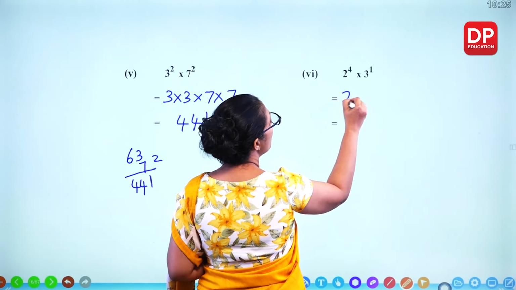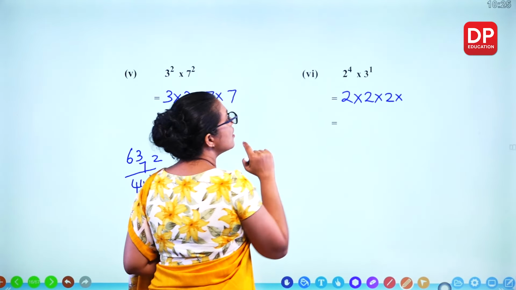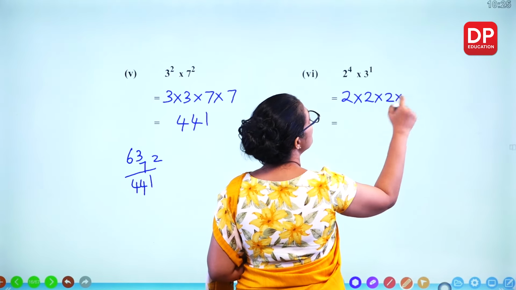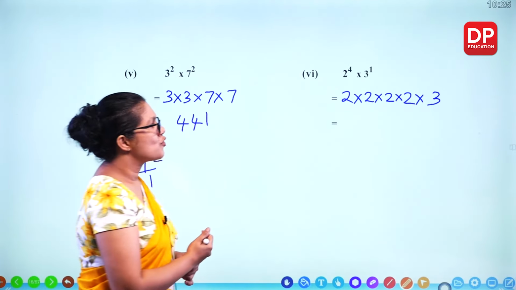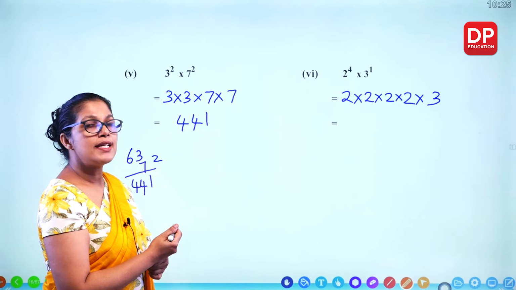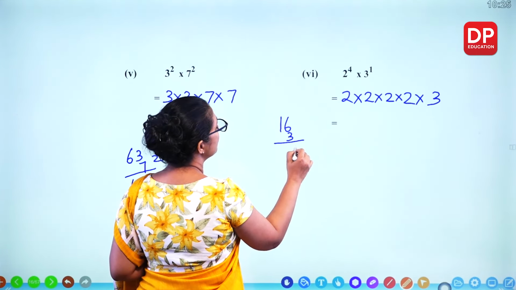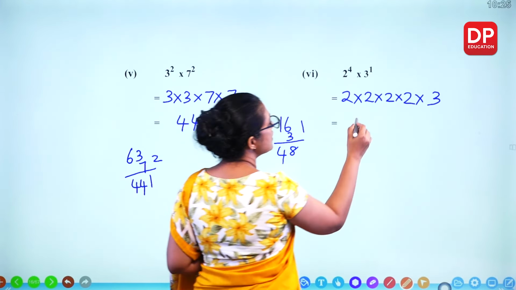2 to the power 4. 2, 4 times. 1, 2, 3, 4. And 1, 3. 2 times 2, 4. 4 times 2, 8. 8 times 2, 16. 16 times 3. What's the value? 48.